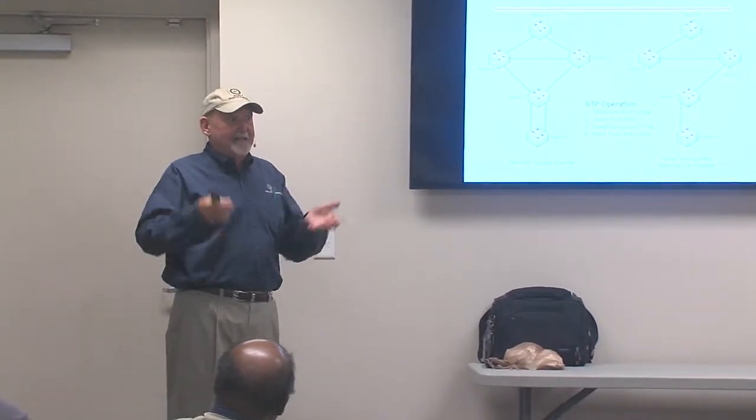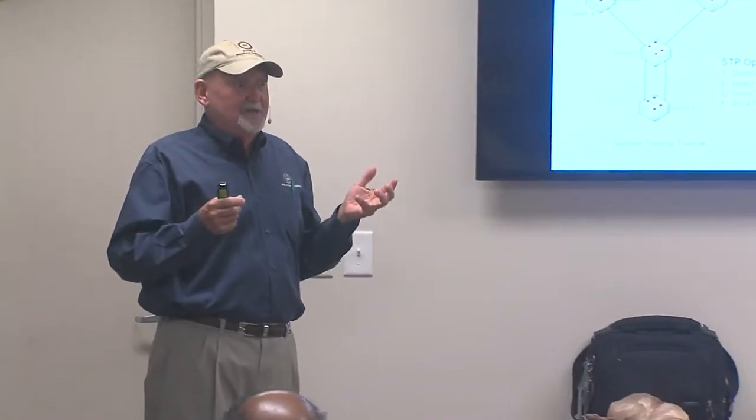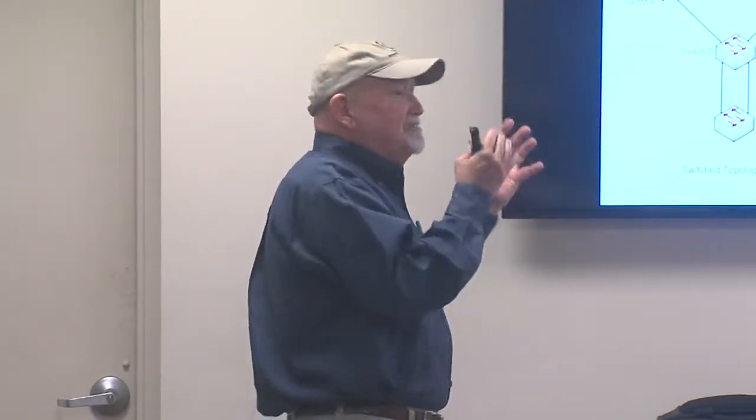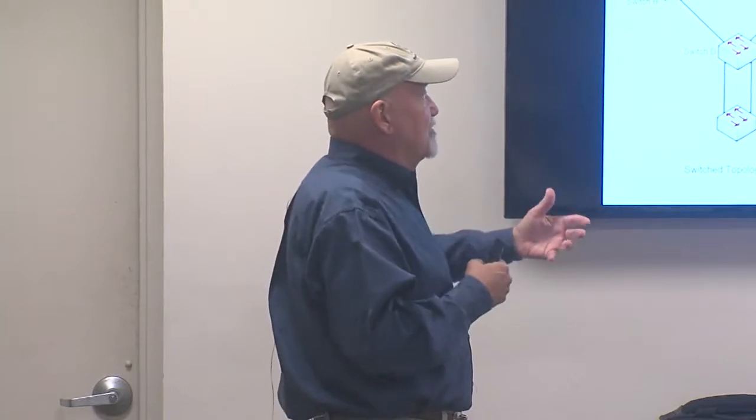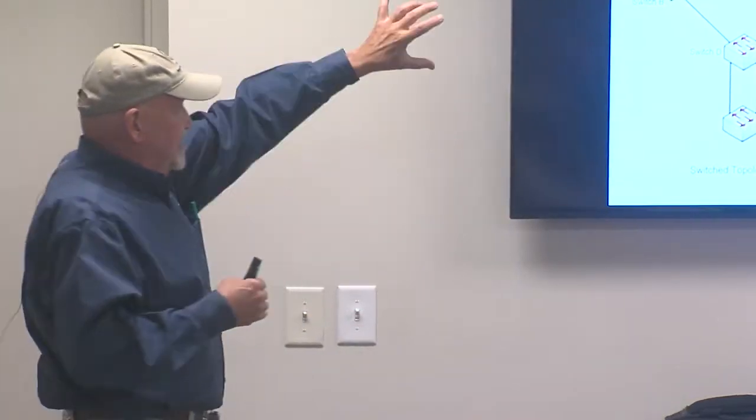I turn them all on and they all come on at the same time. Well, who's going to be the root? Well, there's also a fallback in the spanning tree algorithm that says the bridge with the lowest MAC address becomes the root bridge. Okay?